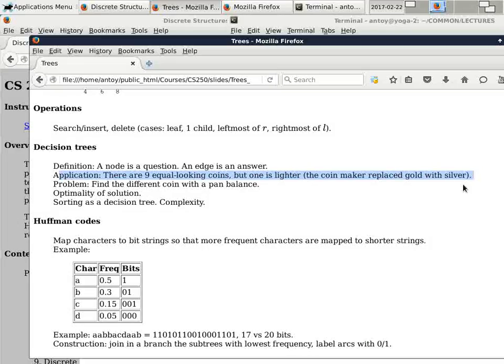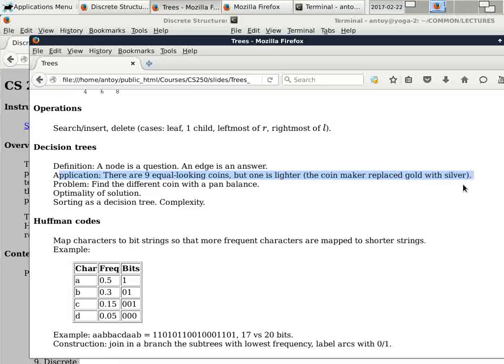All these are good coins. So the wrong one is either 7, 8, or 9. So here I put 7 and 8 and I compare them. And there are three options, right? If 7 goes down, what's the answer? 8 is the light one. If they remain level, 9. And if 8 goes down, 7 is the lighter, right?